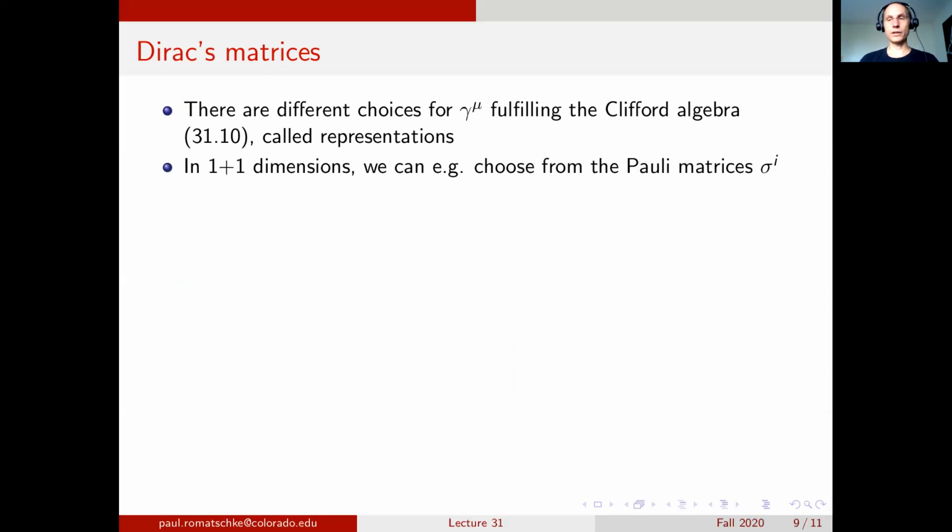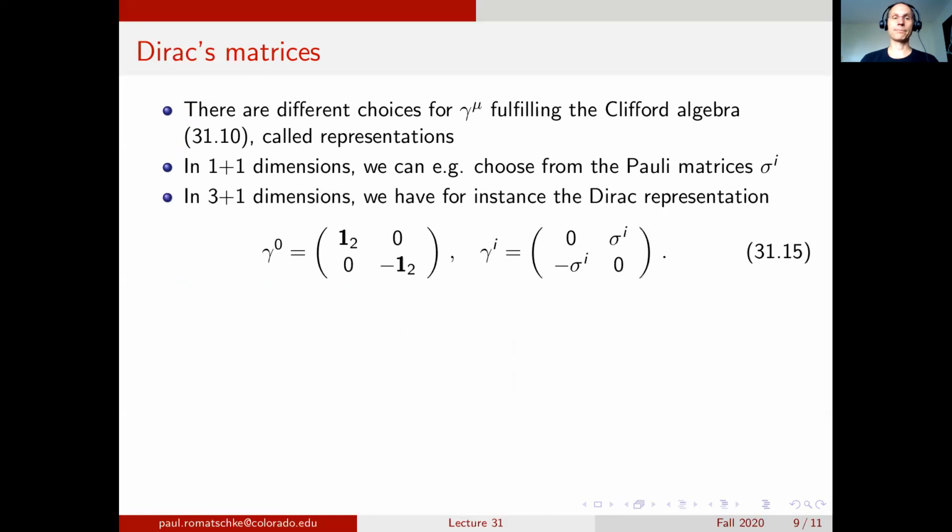In lower dimensions, in particular in 2 dimensions, we can just choose from the Pauli matrices sigma^i to find representations of the Clifford algebra in 2 dimensions. In 3+1 dimensions, we can also use the Pauli matrices and string them together in 4x4 matrices. In particular, we have the Dirac representation as one particular representation fulfilling the Clifford algebra in 4 dimensions.